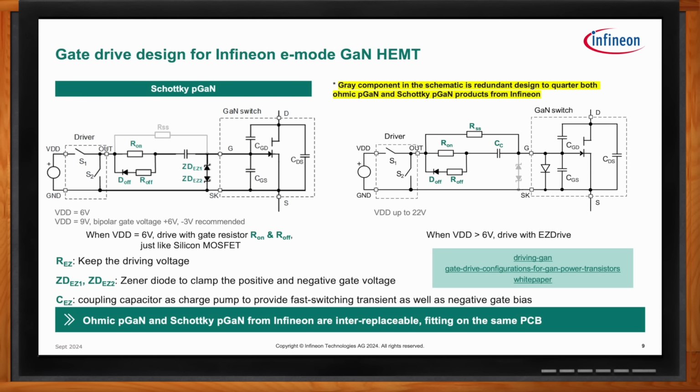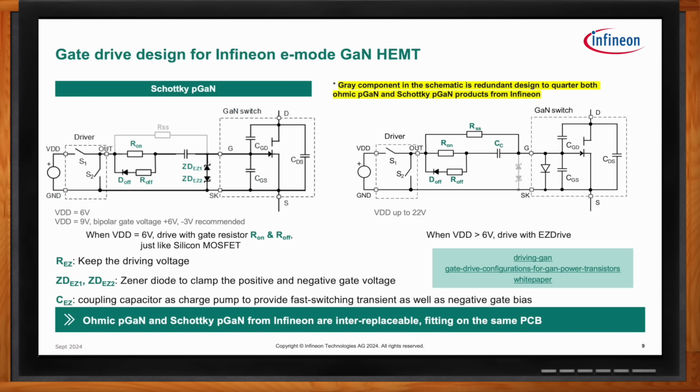Since the steady state current is not needed in the case of the Schottky gate, the RSS resistor is shown in gray. However, two back-to-back Zeners are added to protect the gate of the Schottky GaN device from excessive positive and negative voltages.